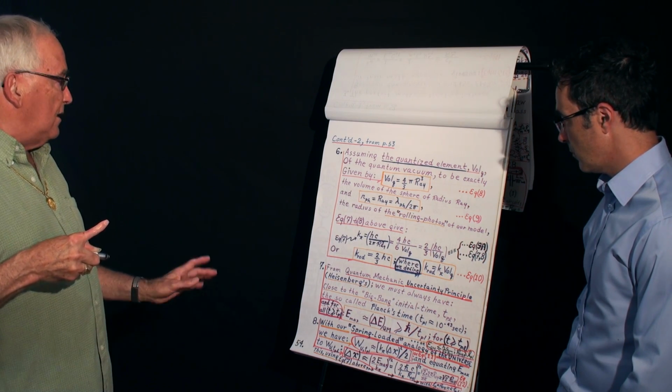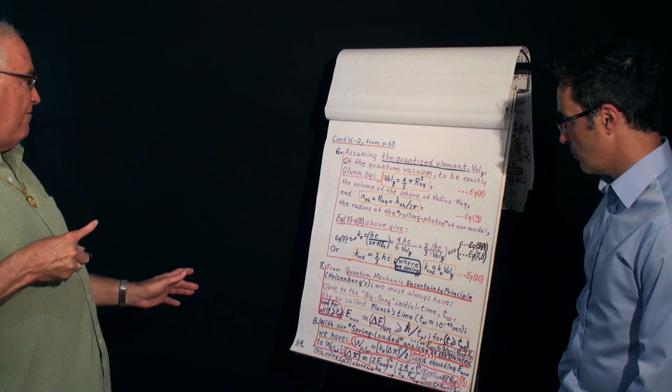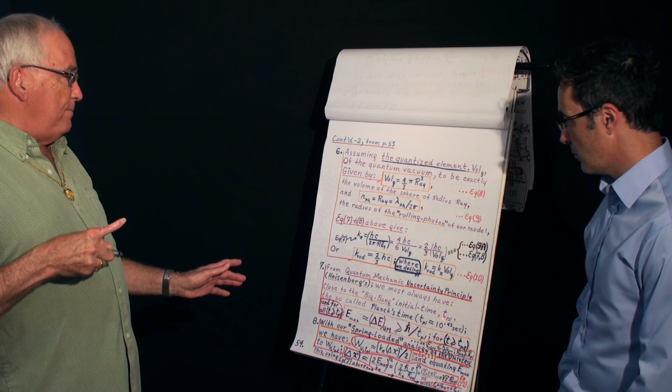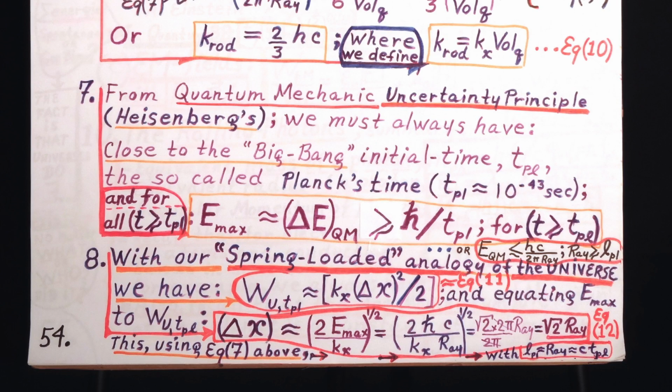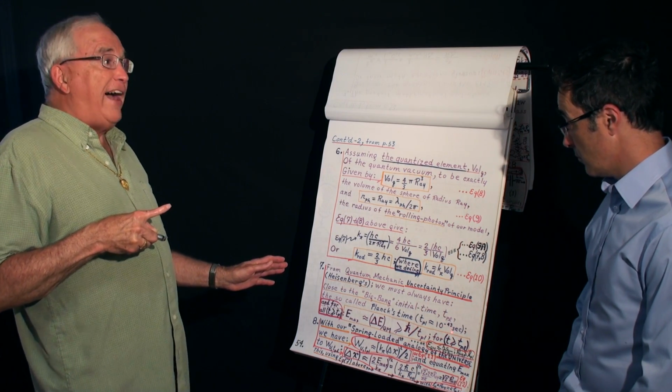From the quantum mechanical uncertainty principle, Heisenberg, we must always have close to the Big Bang initial time, tau, the so-called Planck's time, which is around 10 to the minus 43 seconds. It's damn fast, okay?